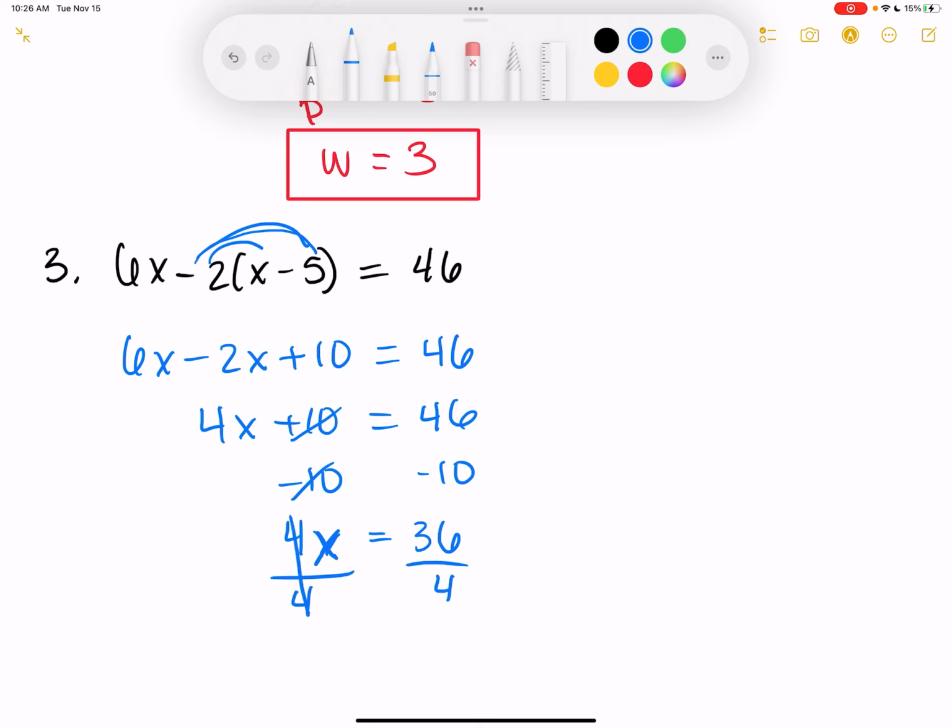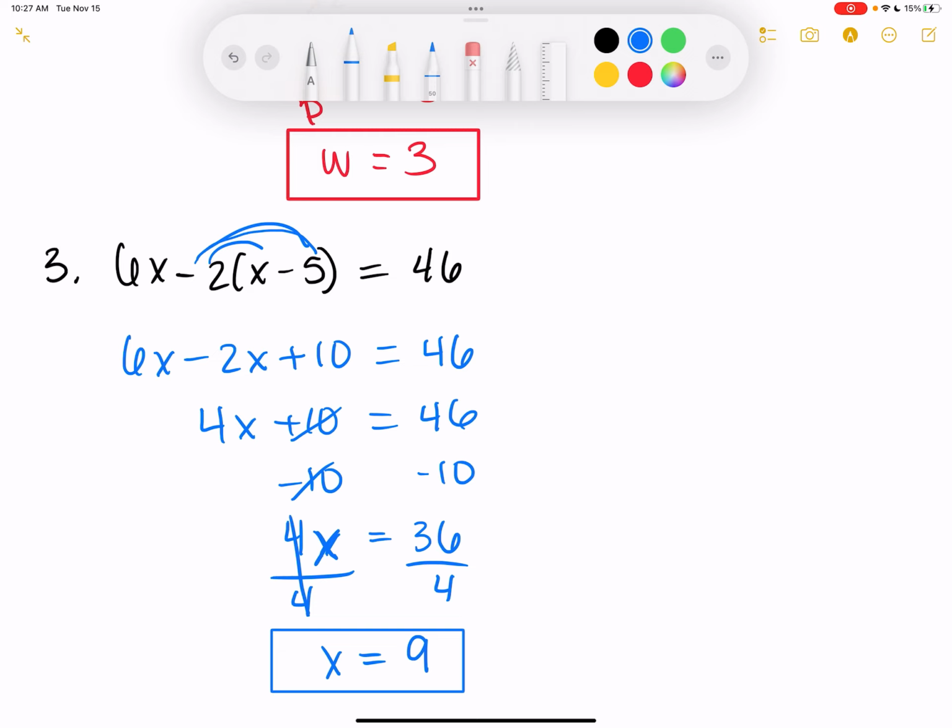So x equals 36 divided by 4, which is 9. All right, so that's all the guided practice problems that we would do.